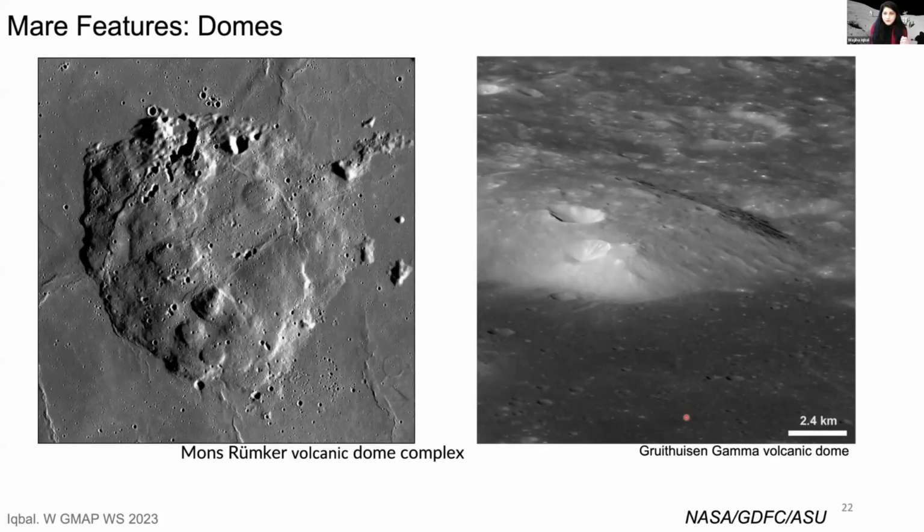We can also identify high-density, silica-rich volcanic eruptions in the form of volcanic domes. You can easily identify them in the Oceanus Procellarum region, for example.